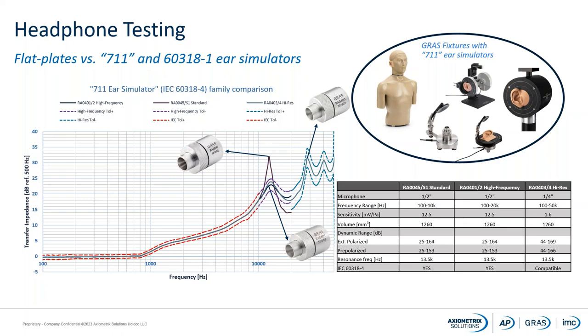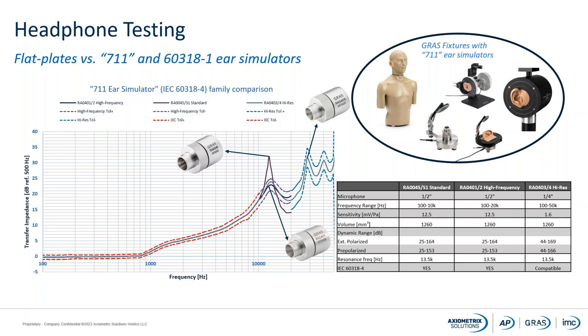IEC 60318-4 ear simulator family. We have actually totally 3 different ear simulators, all fulfilling the IEC 60318-4 standard. We have the one we call the standard ear simulator, and if we look at the graph here, where we have the data, the frequency response, we can see a dotted line.